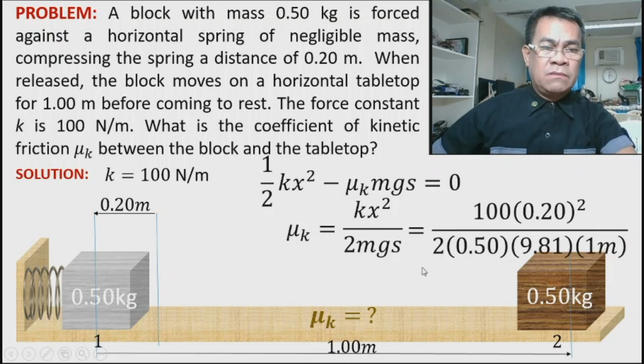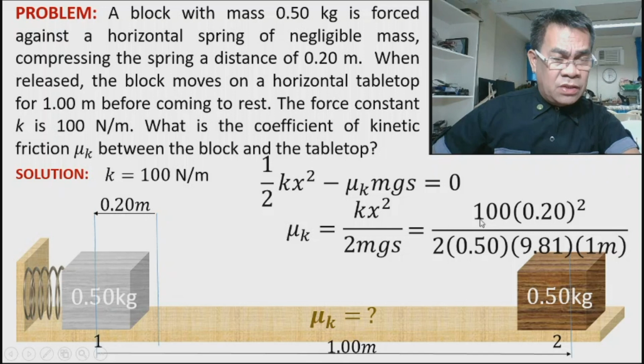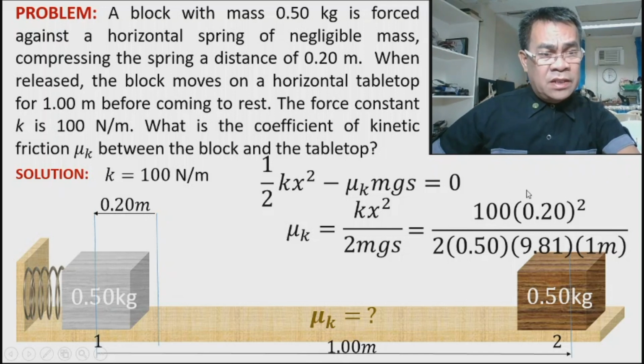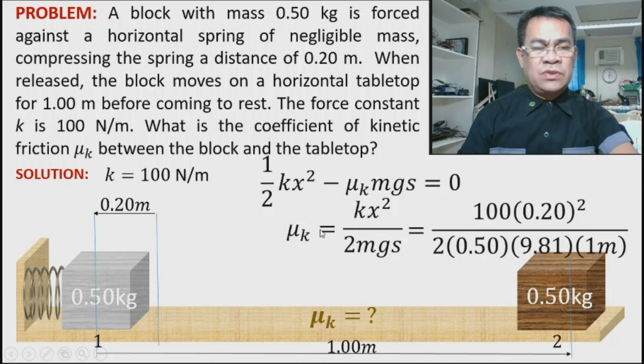So everything was provided. So if you examine the units clearly here, they will cancel out. Take note, this is energy, so this will be Newton meter, and this is Newton, and this is meter. So therefore, this is unitless. Take note, the coefficient of friction should be unitless.